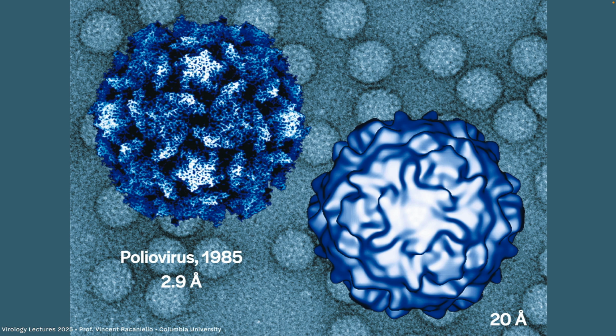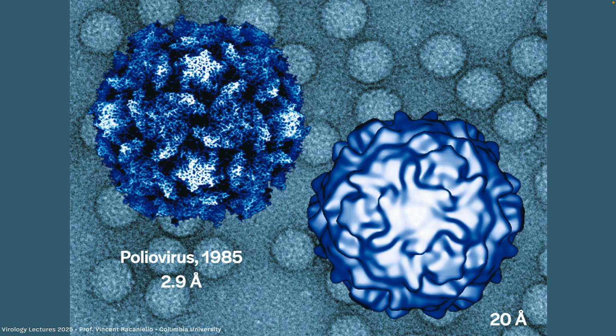There's a place called the Protein Data Bank where you can go and download these files, and you get XYZ files for the three-dimensional location of every atom, and that's how you can make these pictures.